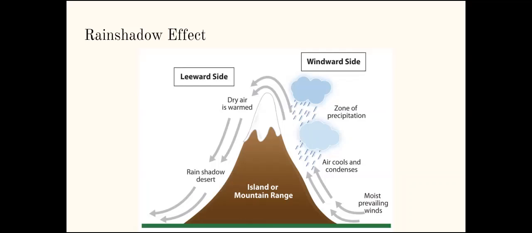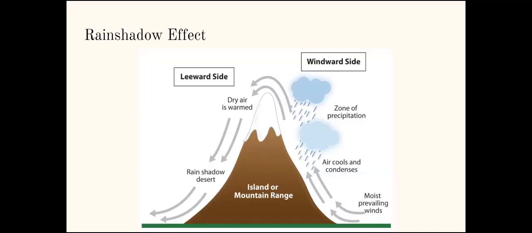Now, what happens in this case is because wind is hitting up against the mountain, it's going to rise up, carry moisture with it, and there's going to be a lot of rain on that side. However, once it goes over the mountain, it's going to be drier and it's going to sink down. And what you're going to notice is there's not going to be as much rainfall on the opposite side.